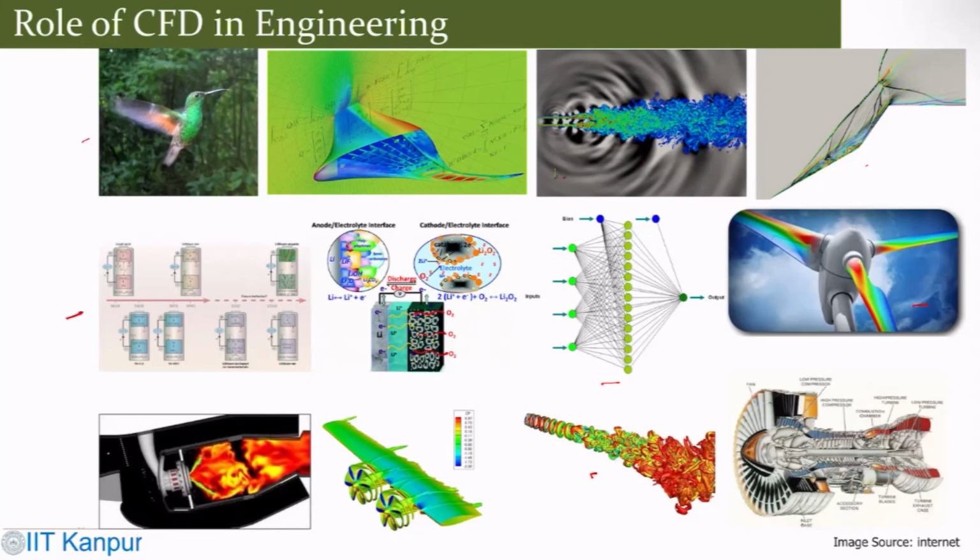So there are different applications, and you can see CFD has been applied in different areas at this moment. These are only to name a few. The list is not complete, but this should give you an idea that CFD is now used in different engineering applications.